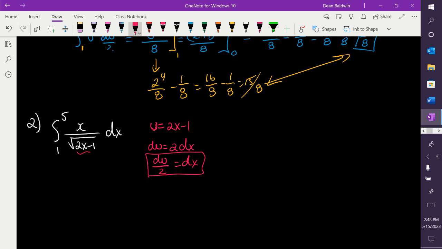So we got rid of this bit is u. This bit is du over 2. We still have the x. What do I do? Yeah. So I'm going to use u is equal to 2x minus 1 to solve for x. So u plus 1 divided by 2 is equal to x. There's our last substitution.